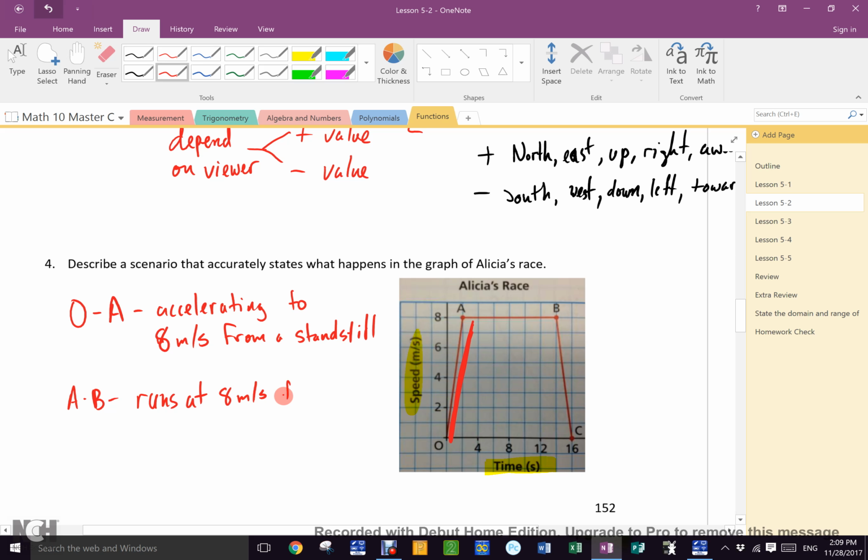8 meters per second for how long? From 2 to 14. So for 12 seconds. What happens from B to C? She slows down and stops. Why isn't it a straight down line?